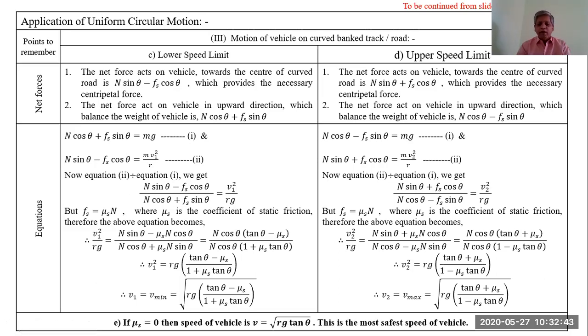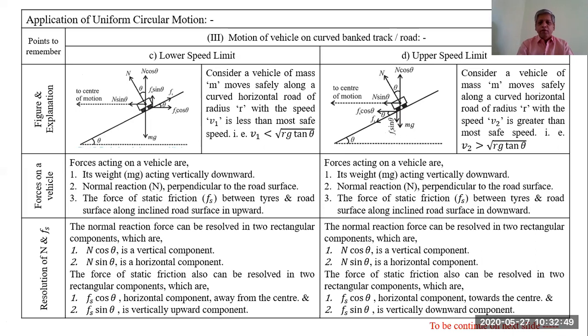Now we explain the upper speed limit. Here, when the vehicle moves along the same banked road with a speed larger than the most safe speed, at that time the vehicle slips toward the outer edge.